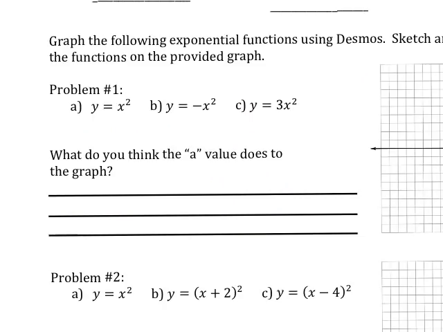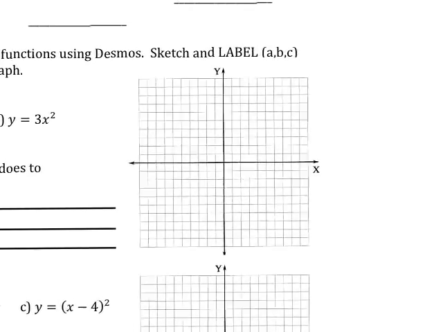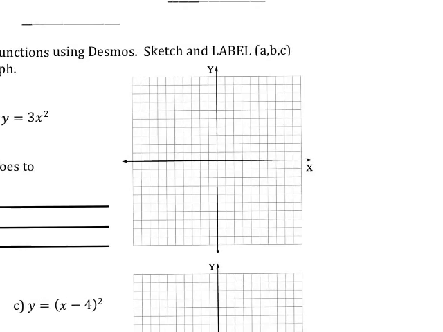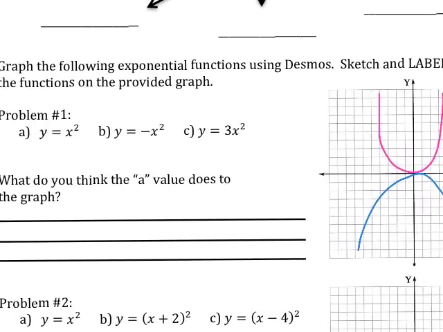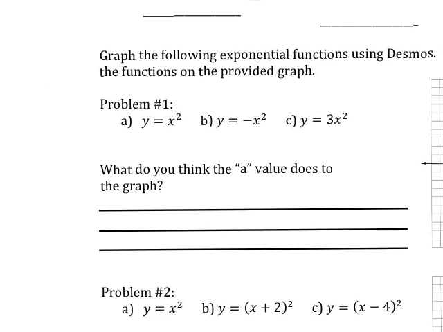Okay, so notice using Desmos, when you graph y equals x squared, it looks something like this, right? So this is y equals x squared. Okay, and then when we graphed y equals negative x squared, it looks something like this. Okay, so what can we conclude here?